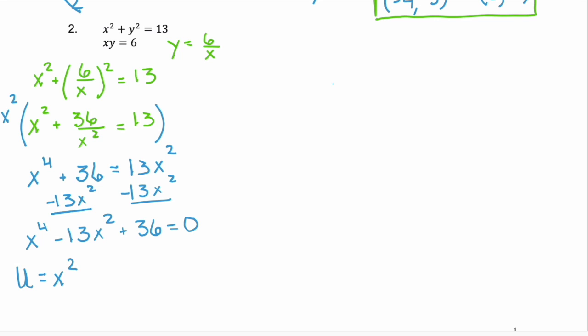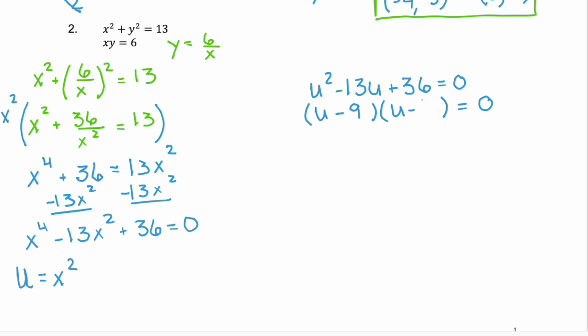And by doing that, we get u squared minus 13u plus 36 equals 0. And we can factor this into two binomials. The first term is u for each, and two numbers that multiply to 36 but add to negative 13 would be negative 9 and negative 4.